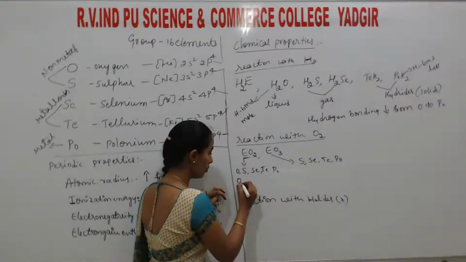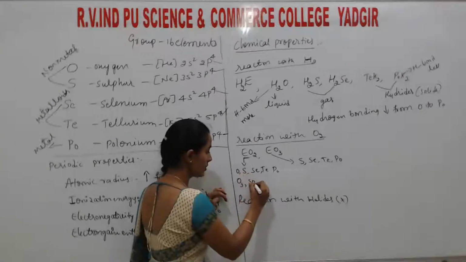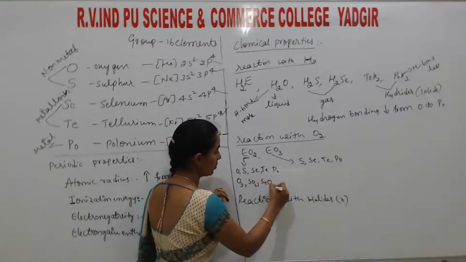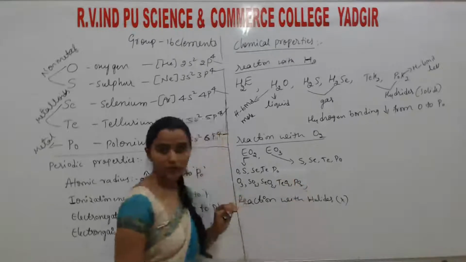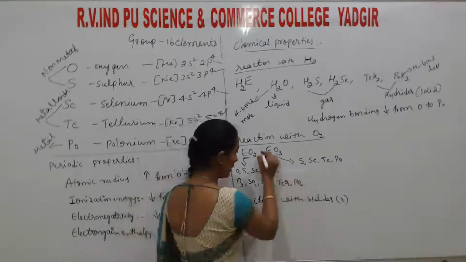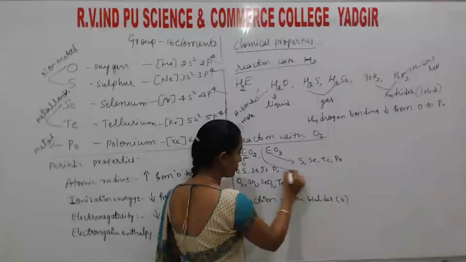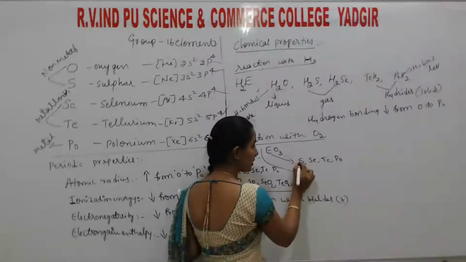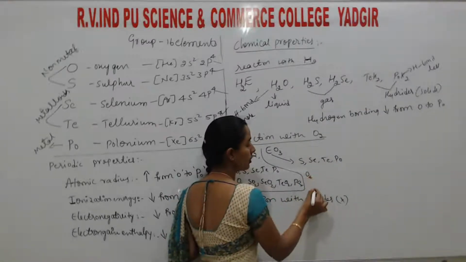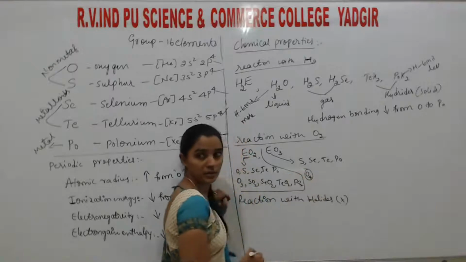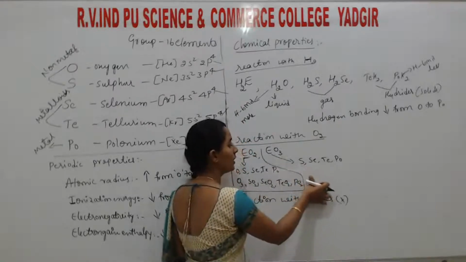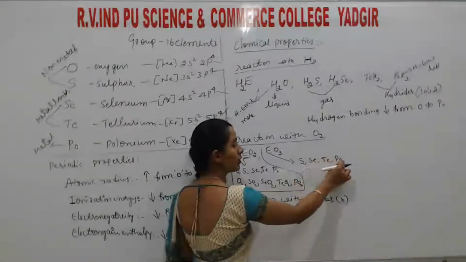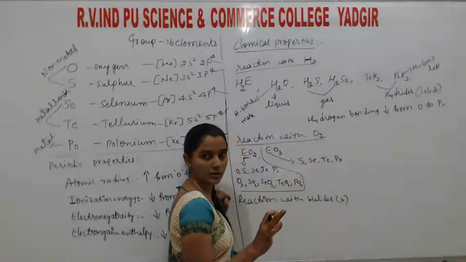O3 is nothing but ozone. This is SO2, this is SeO2, this is TeO2, this is PoO2. These are EO2 type compounds. Here, if you consider E as O, this becomes O4, which cannot exist. So here E must be sulfur, selenium, tellurium, polonium, but not oxygen.